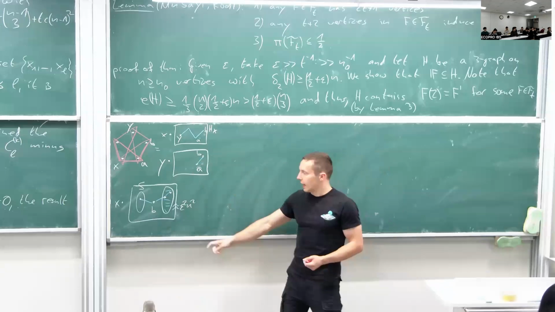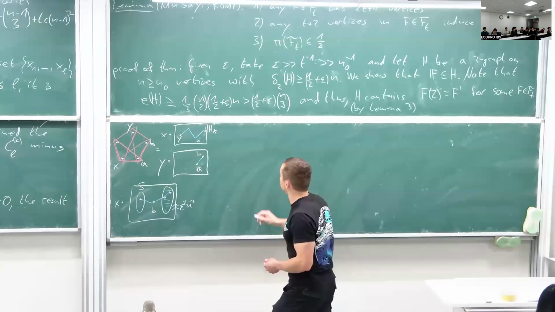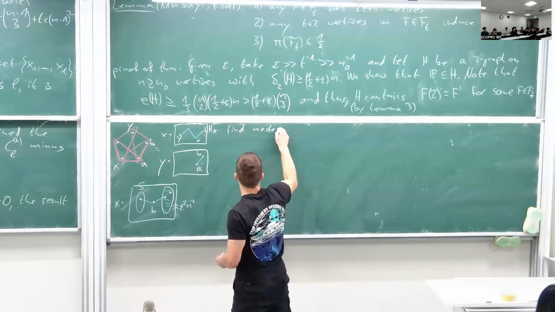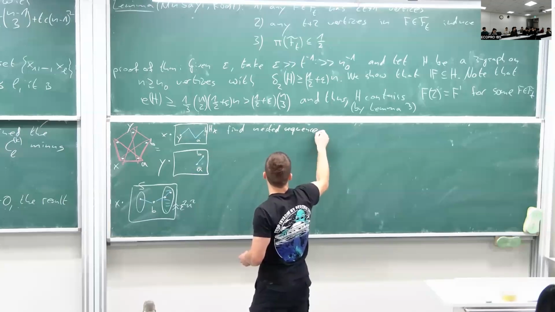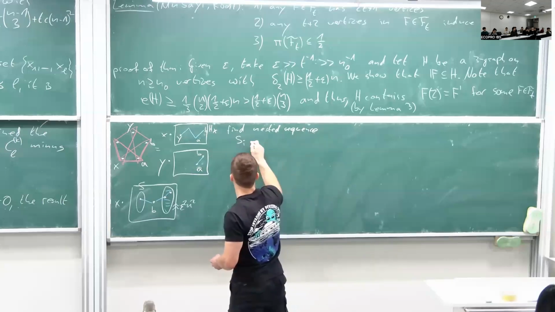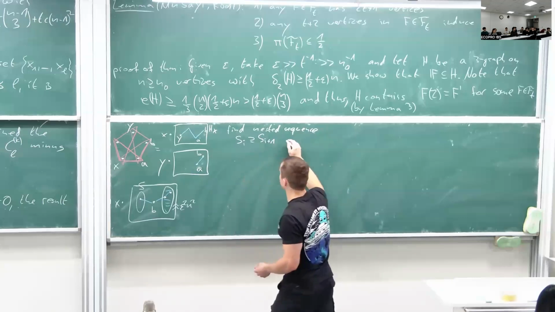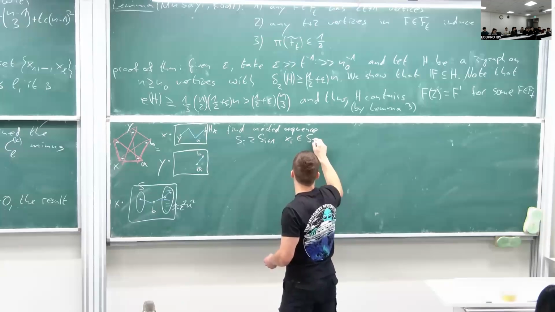So if we can find these in a nested way, find a nested sequence, with Si containing Si plus 1 and X I being in Si minus 1.